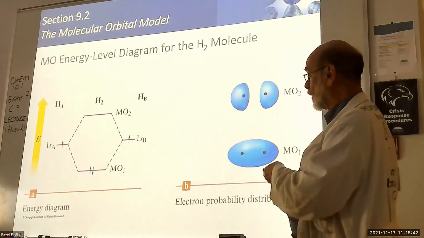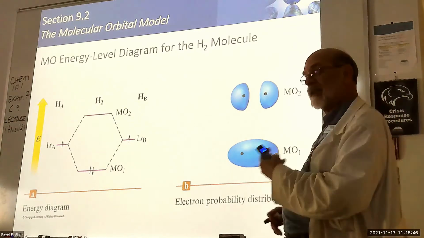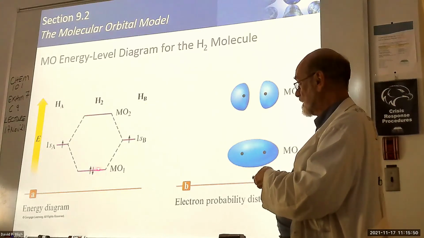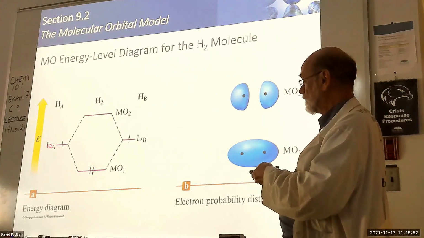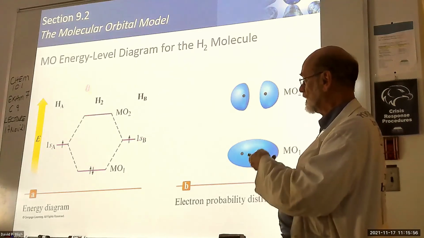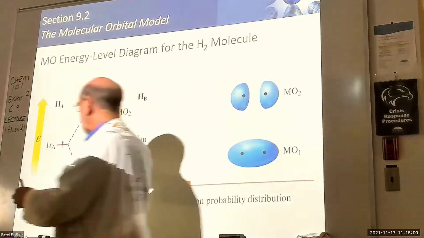So naturally, once you form the molecule, when you start plugging the available electrons in, they have to go in the lower one first. Right? So we put both of them down here, from this hydrogen atom and that hydrogen atom, to make this hydrogen molecule.